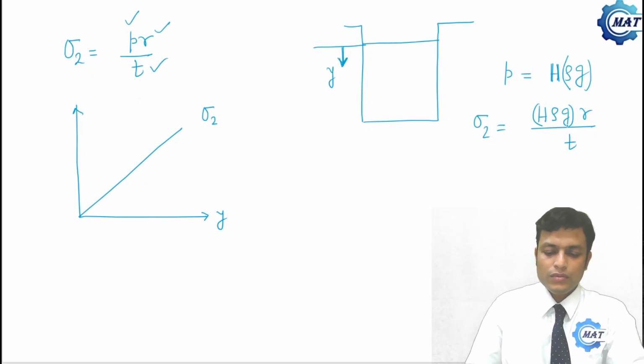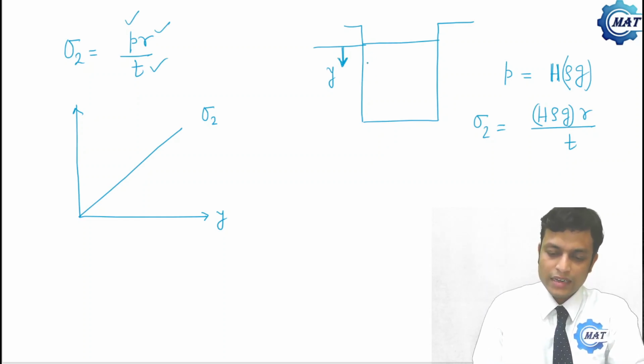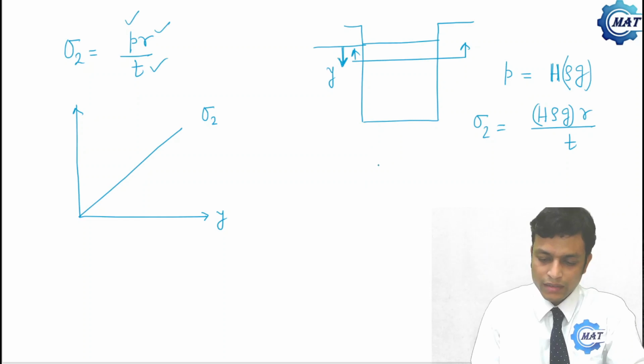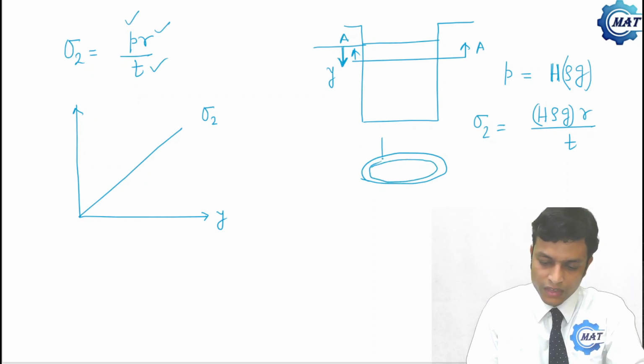Now what about sigma 1? If we take a section anywhere, say here, how will it look? I am drawing the isometric view at section AA. Here sigma 1 is acting like this.